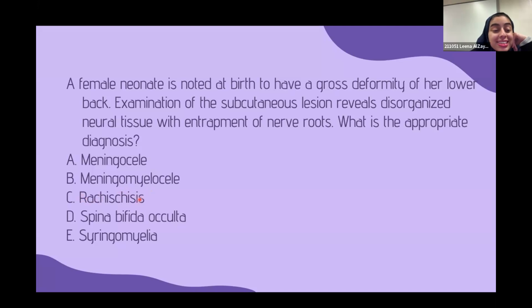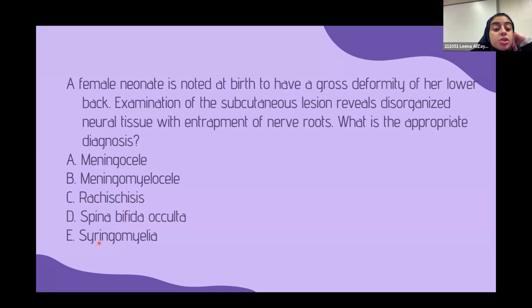Rachischisis, or whatever this is, number C, is open brain, open spinal cord, not compatible with life. Spina bifida occulta, what is it, guys? We said that it is when it's not completely closed, but there's no cyst and there's no CSF and there's no problem at all. It's just not completely closed, and you're going to see this tufted thing in the back with hair.